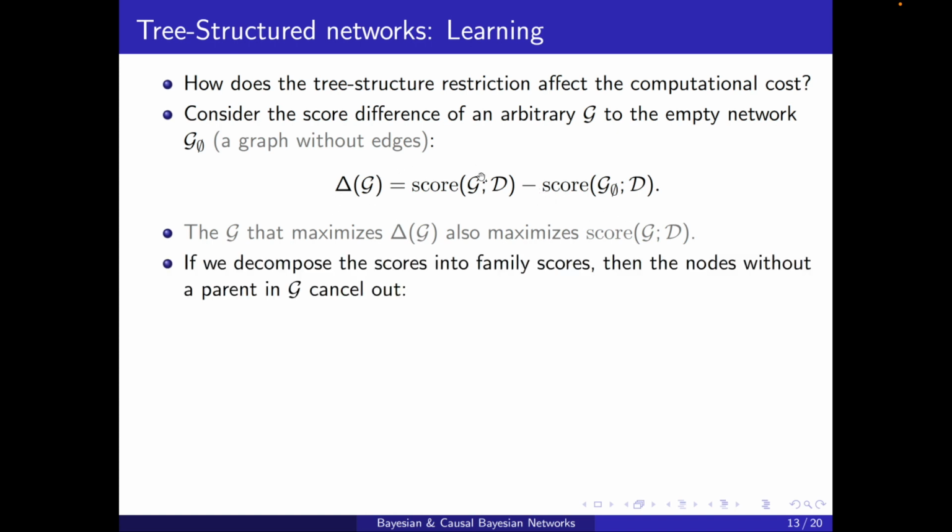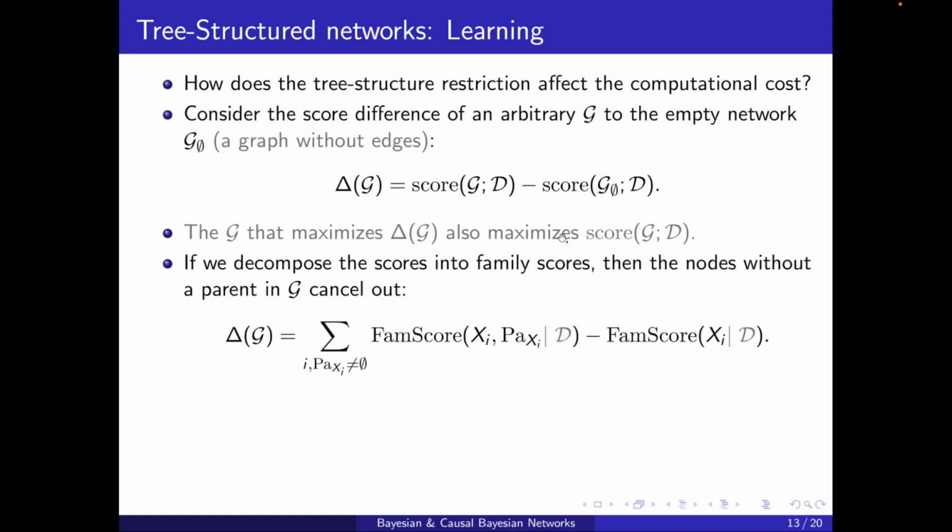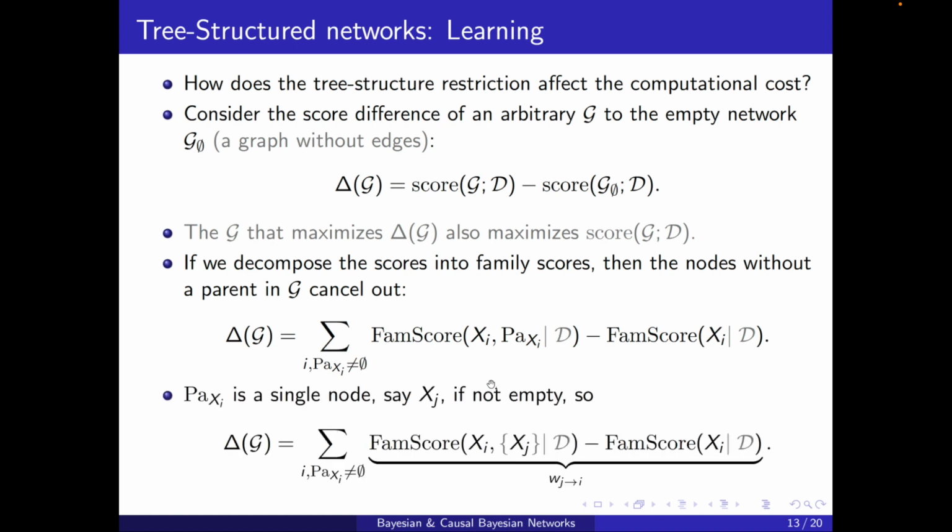Okay, so I have this difference. If we decompose the scores into family scores, then the nodes without a parent in G cancel out. So this graph has no parents, and if there's a node without a parent, then they just cancel out. So this will simplify to the following term.